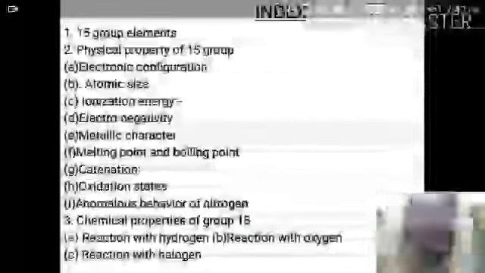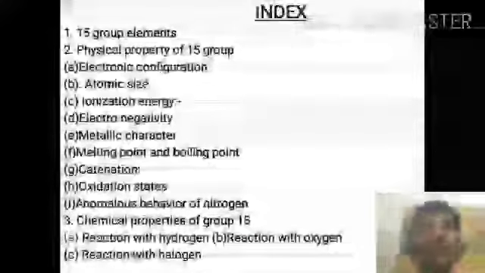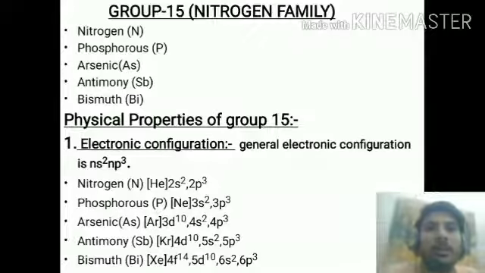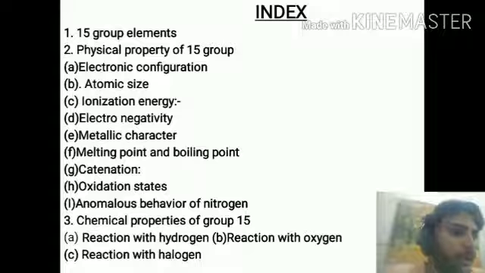First, we will see what we will study in the P block elements. First is the index. First, the properties of 15 group elements, their general physical properties and chemical properties.